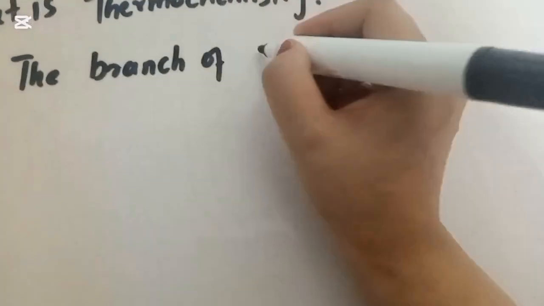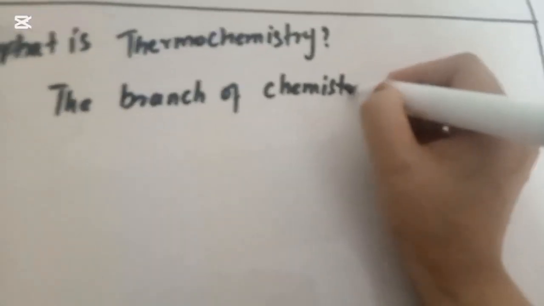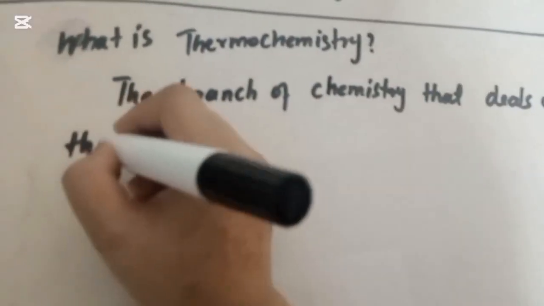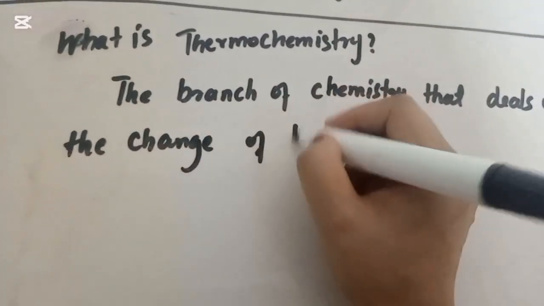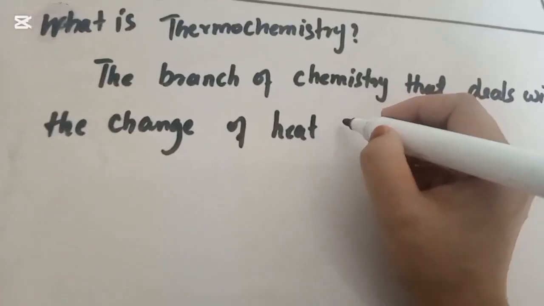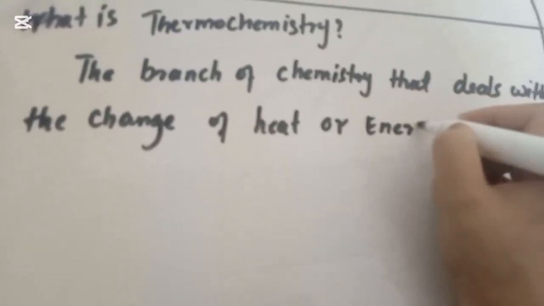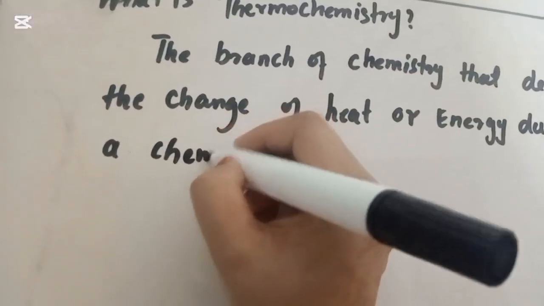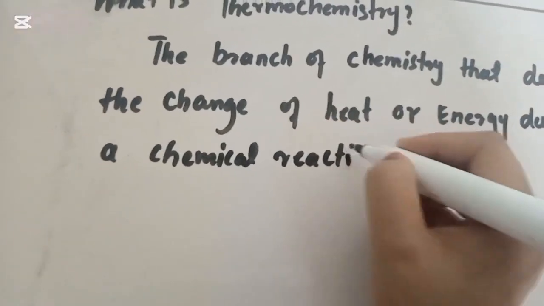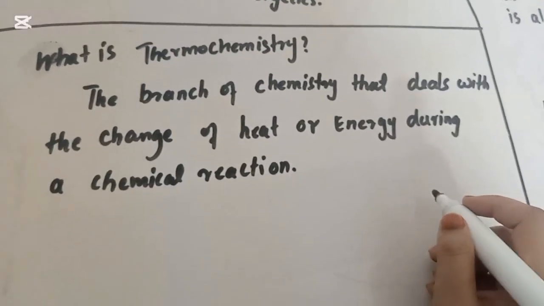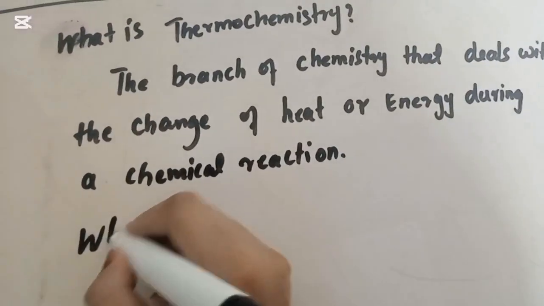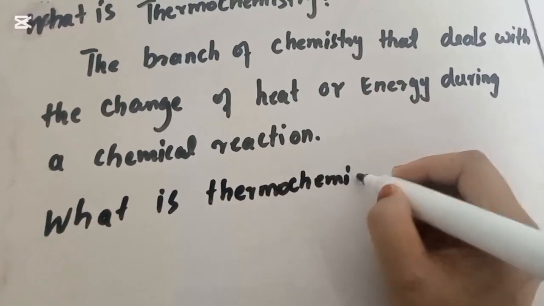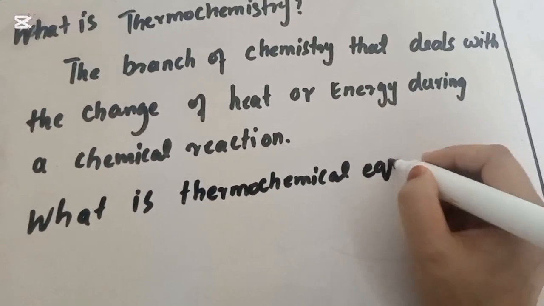Thermochemistry is the branch of chemistry that deals with the change of heat or energy during a chemical reaction. It means that in this we will observe the change in heat or energy during a chemical reaction. Either in a reaction energy is released or absorbed. We will observe these things in thermochemistry.